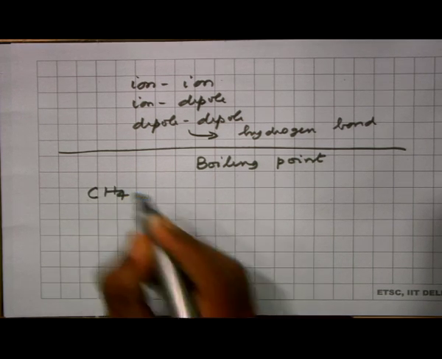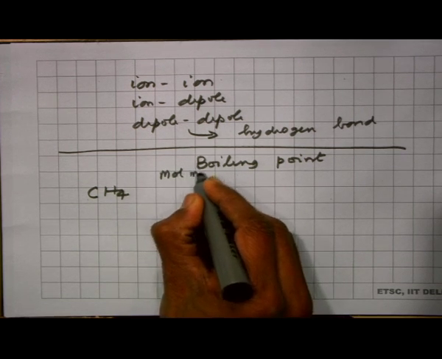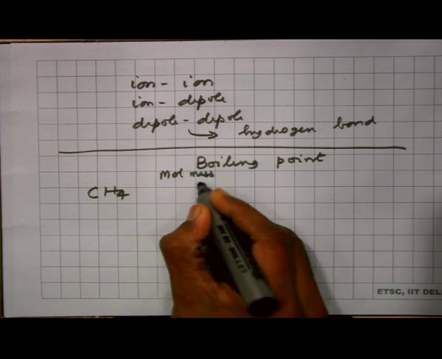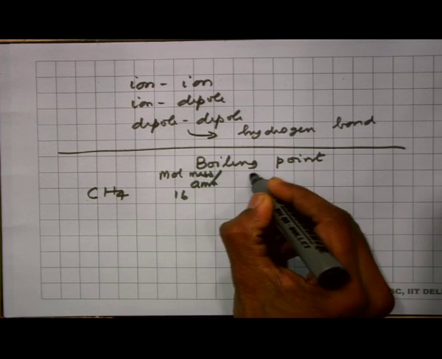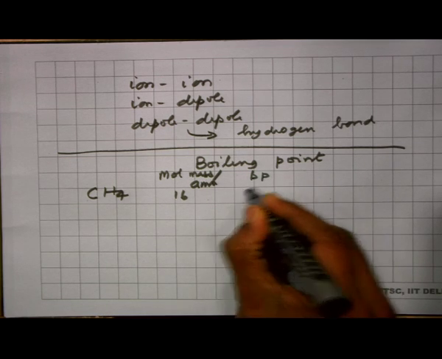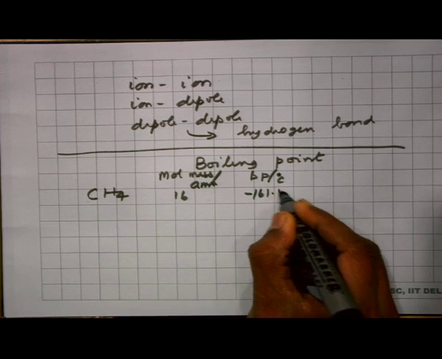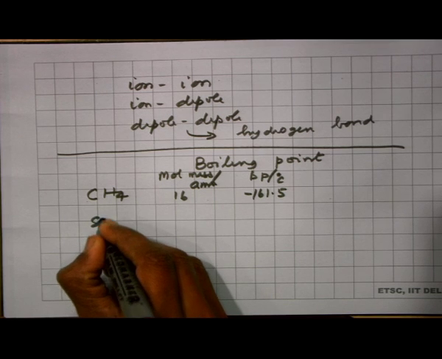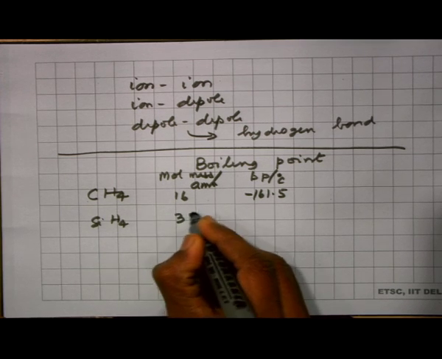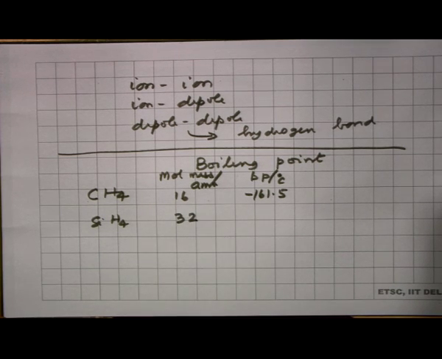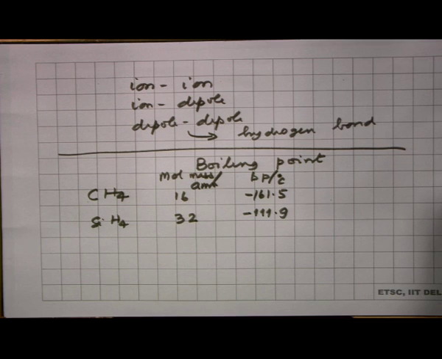You look at the boiling point of methane, whose molecular mass in AMU is 16 and its boiling point in Celsius is minus 161.5. Silane, SiH4, has a molecular mass of 32 and a boiling point of around minus 112.